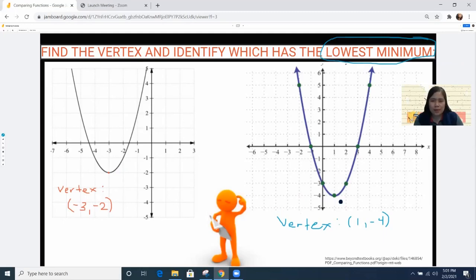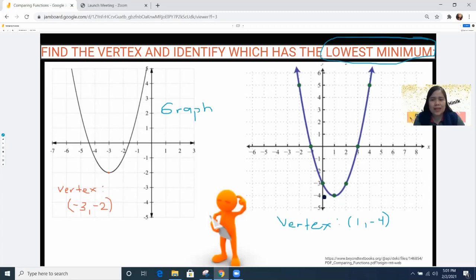The greatest minimum will be the blue one; the lowest minimum will be the red one. So therefore, the lowest minimum is graph 1. So the answer is graph 1, because we are asking about the lowest minimum, which has the lowest among the minimums, in terms of the vertex.